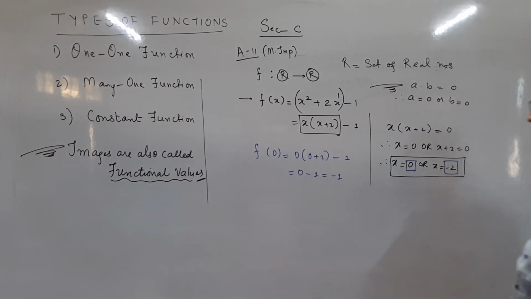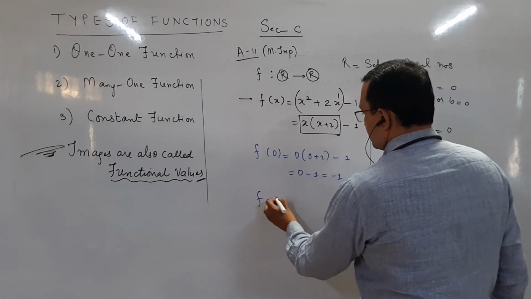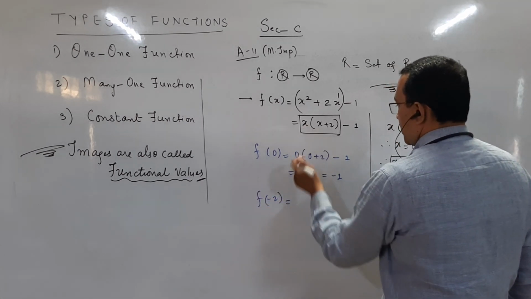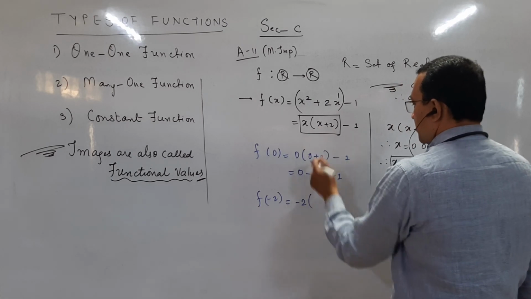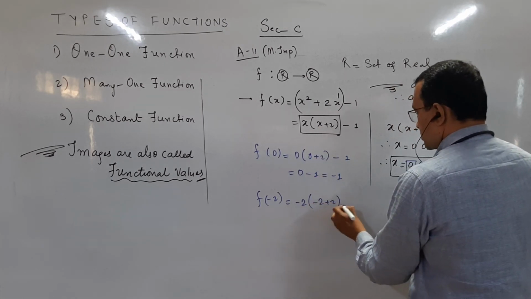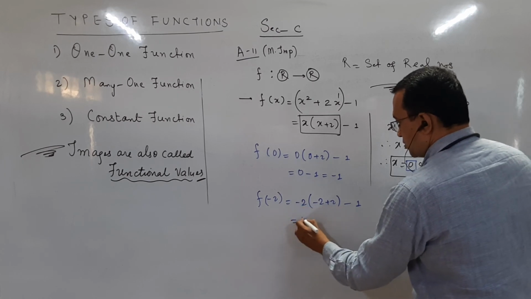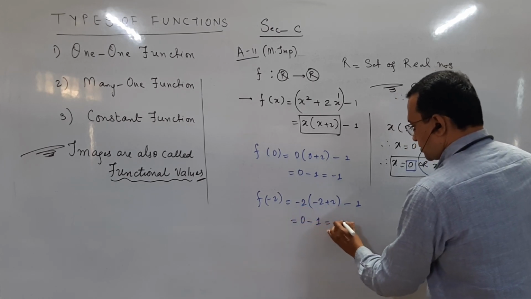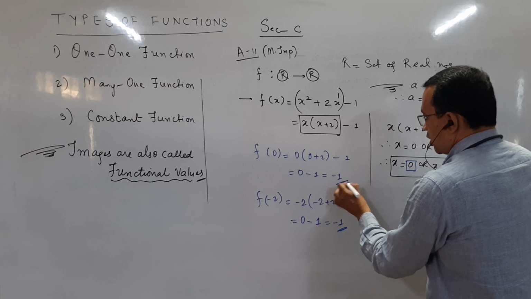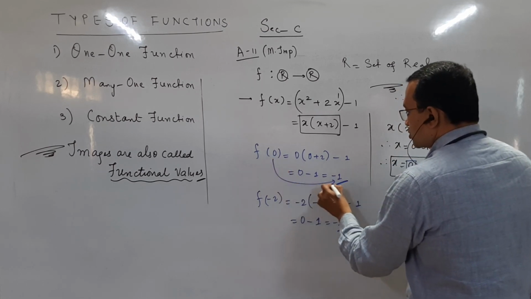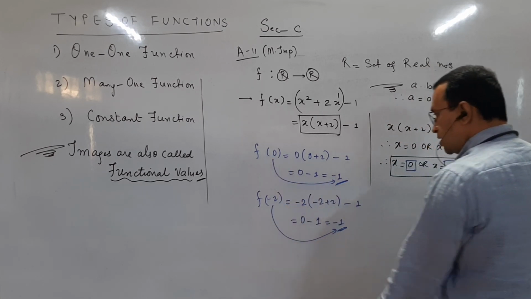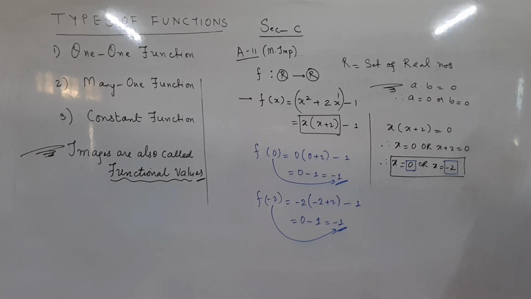Now find image of minus 2. So here I write minus 2. Here I write minus 2. Plus 2 minus 1. Minus 2 plus 2 is 0. 0 into minus 2 is 0. 0 minus 1 is minus 1. So image of 0 is also minus 1 and image of minus 2 is also minus 1.